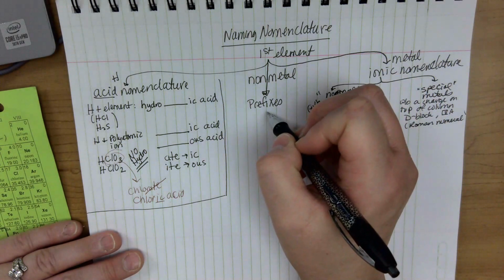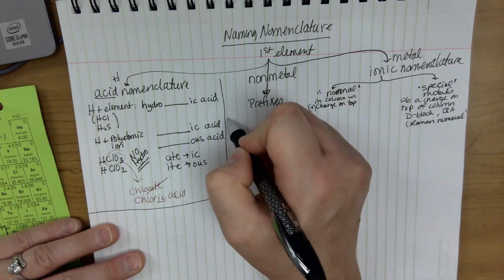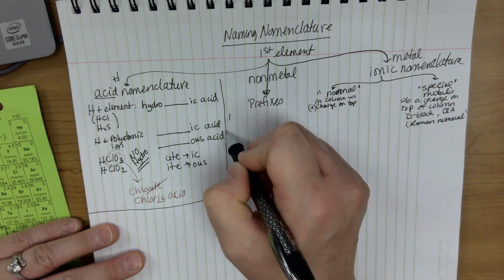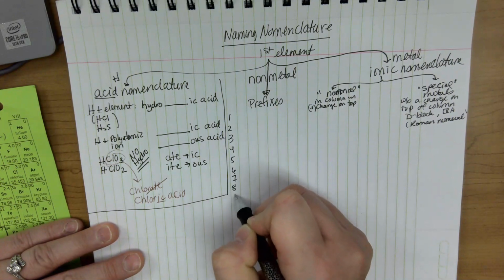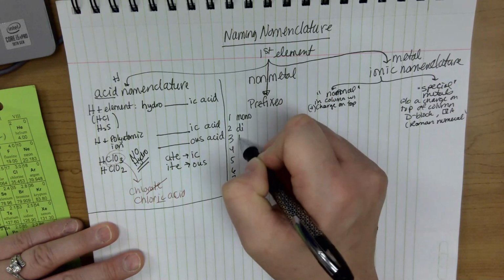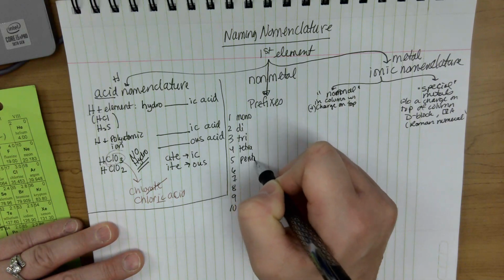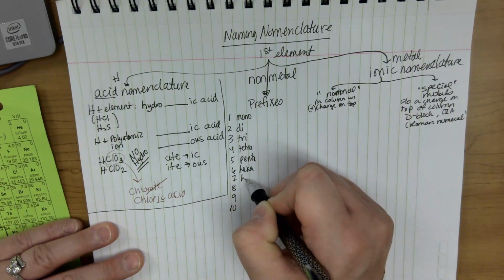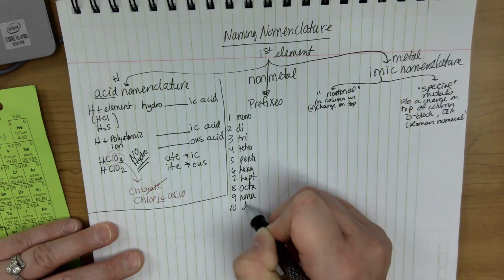Now, prefixes, right? So if it starts with a nonmetal, then we have these prefixes. There's 1, 2, 3, 4, 5, 6, 7, 8, 9, 10. So it's mono, di, tri, tetra, penta, hexa, hepta, octa, nona, deca.